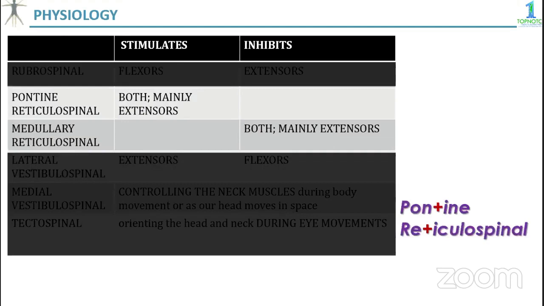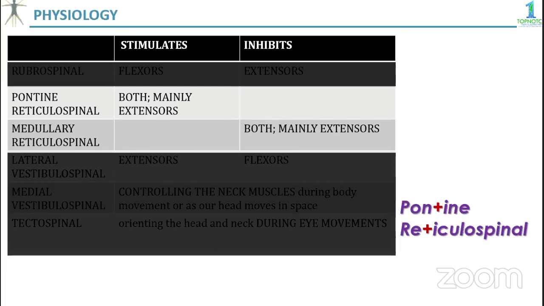Okay, what else? We have here your pontine and your medullary reticulospinal tract. Si pontine stimulates both but mainly extensors. Si medullary reticulospinal tract inhibits both mainly extensors. So if you're gonna compare the two, si pontine, okay, dalawang plus, so stimulates both but mainly the extensors.